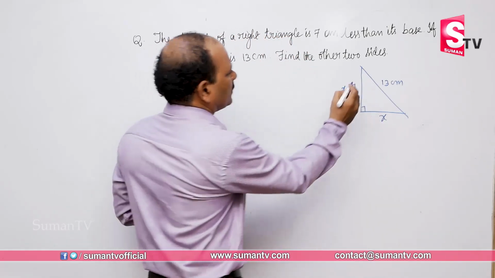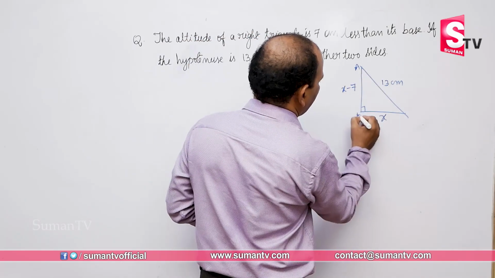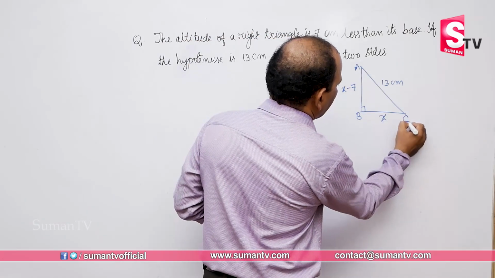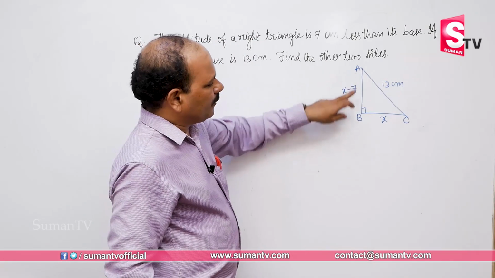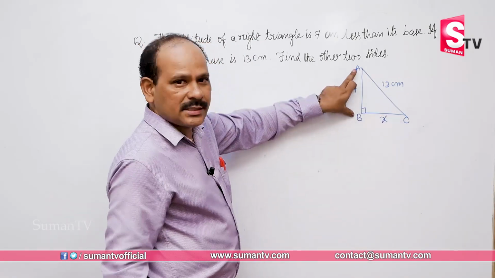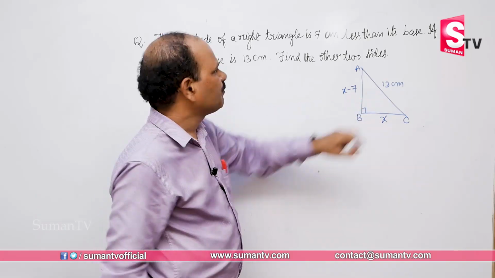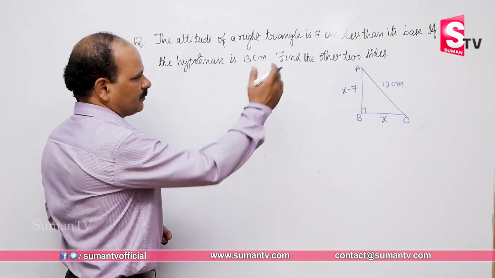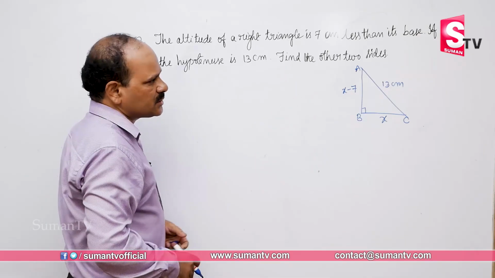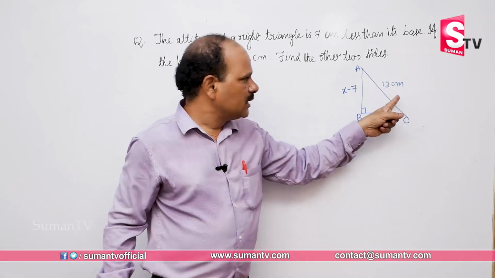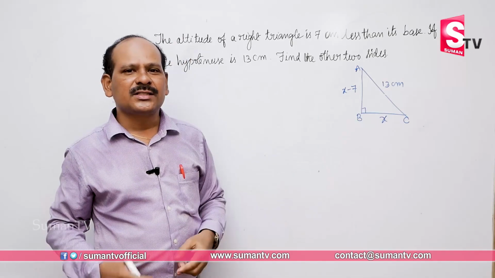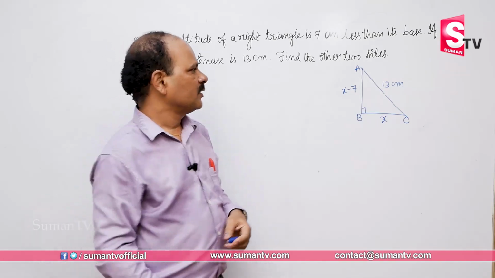Now see, let us say A, B, C. AB is the altitude, BC is the base, AC is the hypotenuse. According to the Pythagoras theorem, the square of the hypotenuse is equal to the sum of the squares of the other two sides.